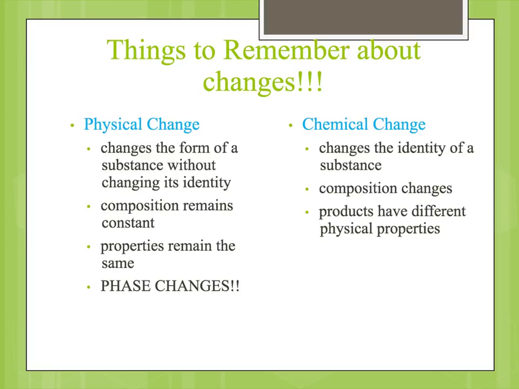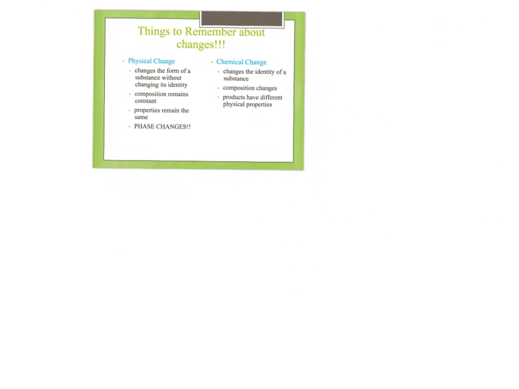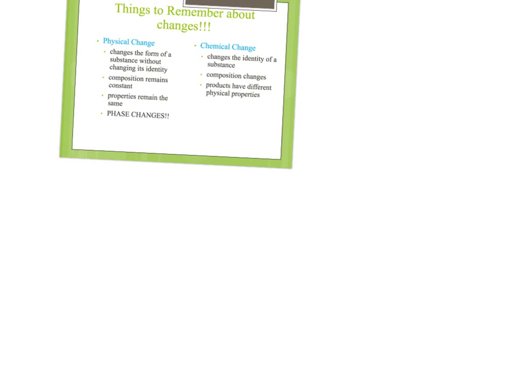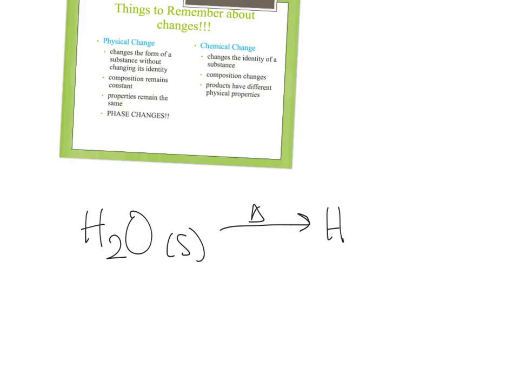So things to remember about your changes is a physical change is a change of the form without the substance changing its identity. The composition is going to remain the same throughout. So if I had H2O solid and I added heat to it, I would end up with H2O liquid.